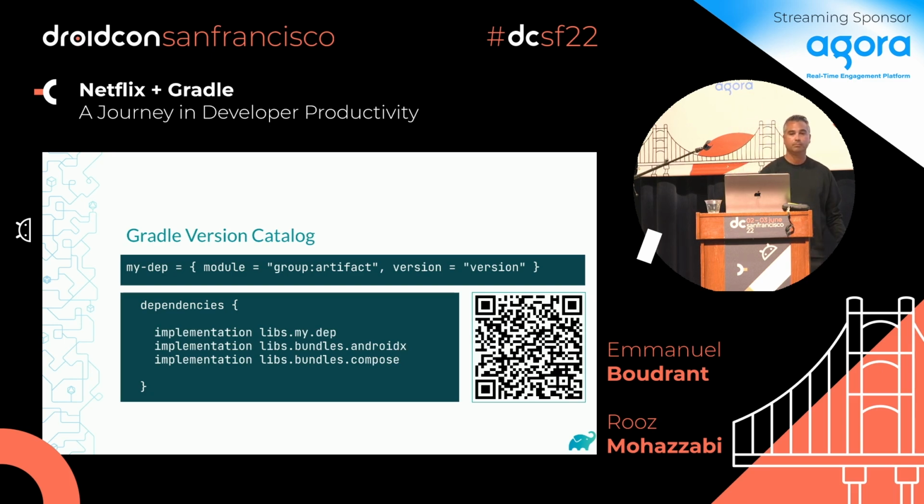And the great thing about that is you can use bundles. Take the example of all the AndroidX libraries. You don't want to list all your AndroidX libraries in this Gradle file, so you can just bundle them all together and bring in all of AndroidX, and it's the same for Compose. The QR code goes to the Gradle documentation about the version catalog.